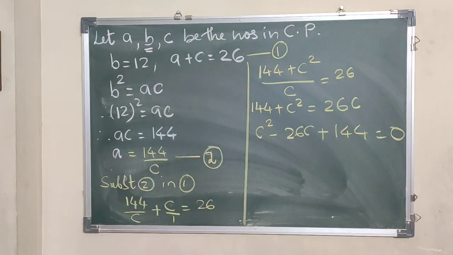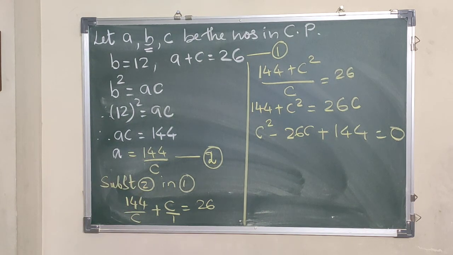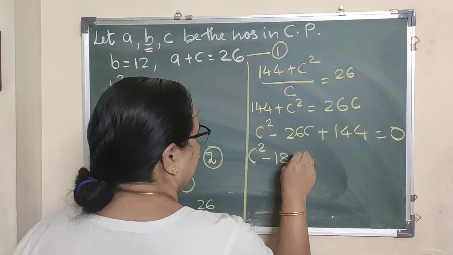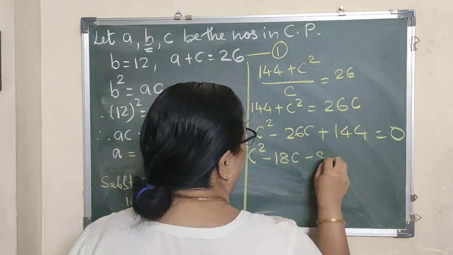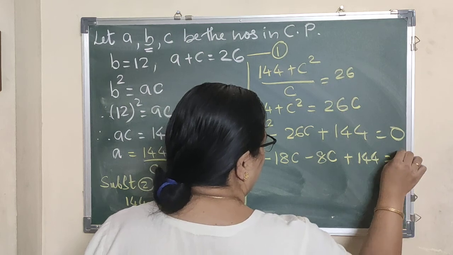So when I solve this, I have to split 144 such that I get minus 26. So let us check. You know 12 12s are 144, because 144 we obtained is by 12 square. Other than that, what are the factors possible? Let us check. I give you some time to do it. I am sure you must have come to the conclusion it is 18 and 8. 18 8s is 144.